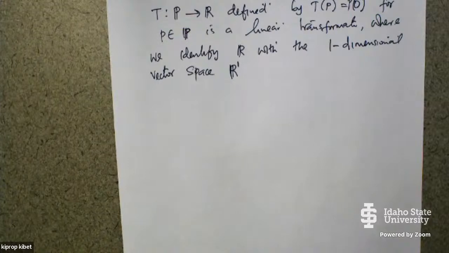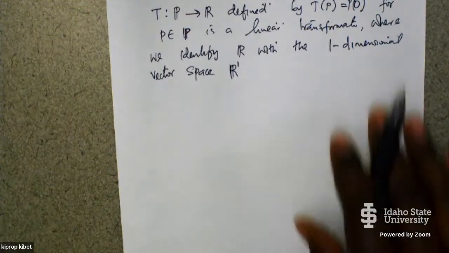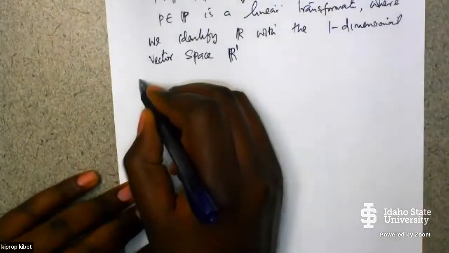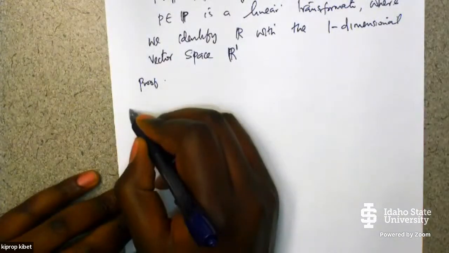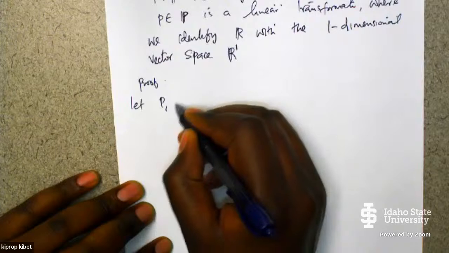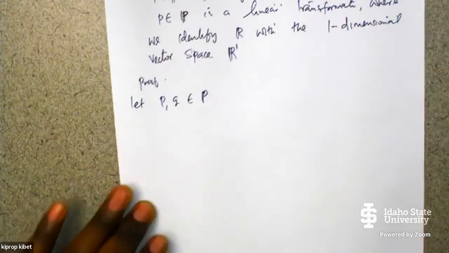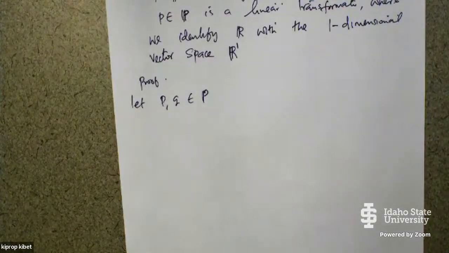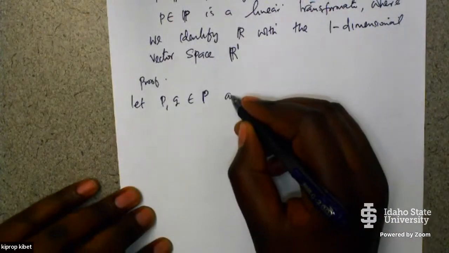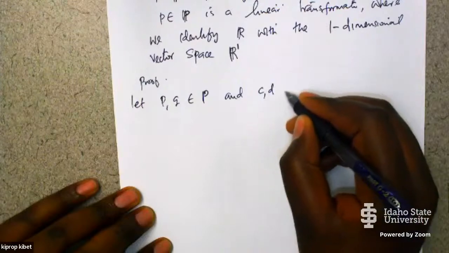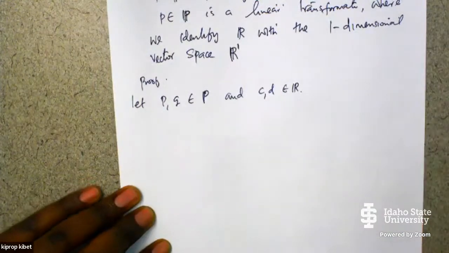We do it the same way as what we've done in A. We can let p and q be elements of the capital P, and c and d be elements of the real numbers.